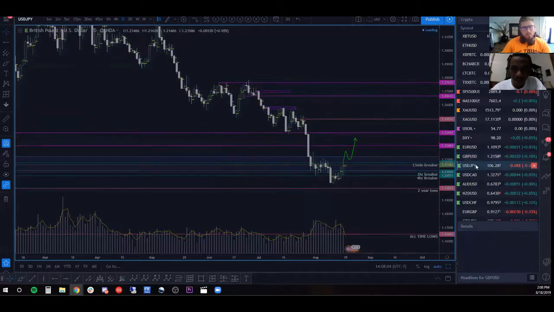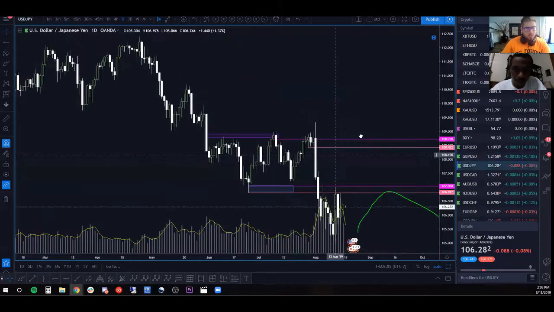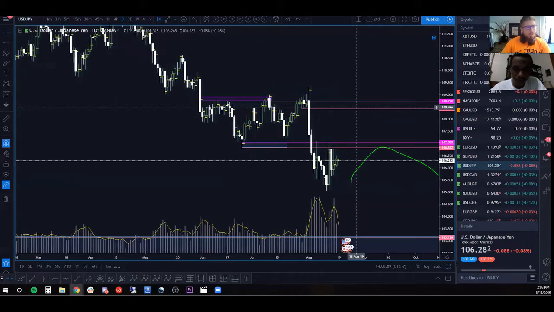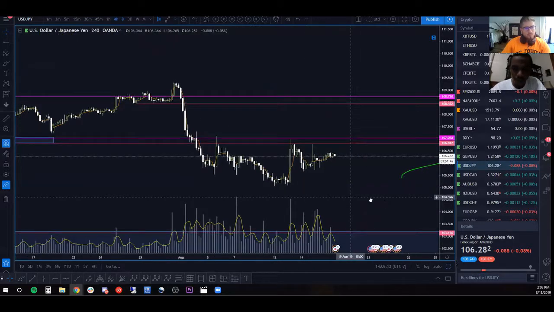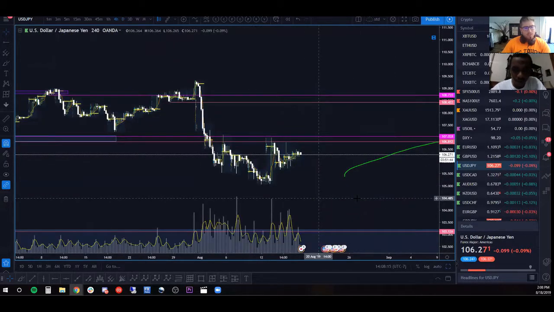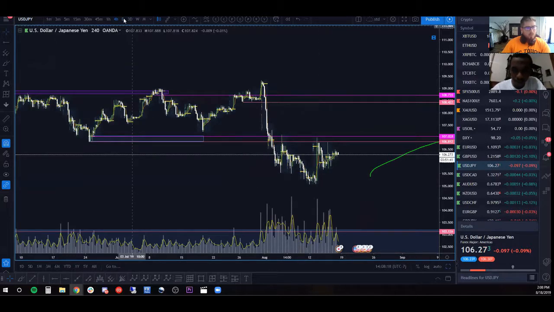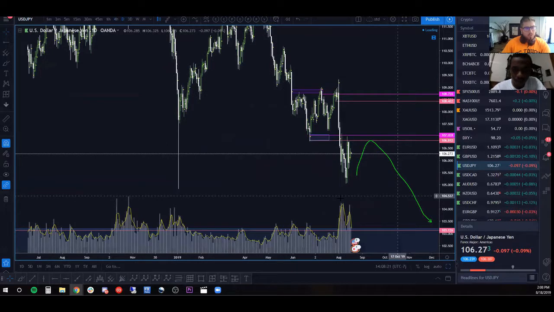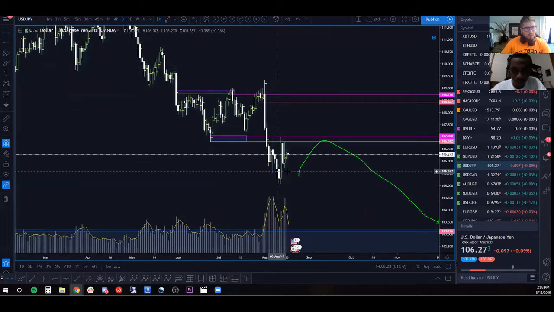Moving on, USD yen. Somewhat of a similar take as opposed to the other correlating currencies. Maybe I should zoom out here. I drew a squiggle here last week, where I was expecting it to come back up and test these levels, and it's doing exactly that.